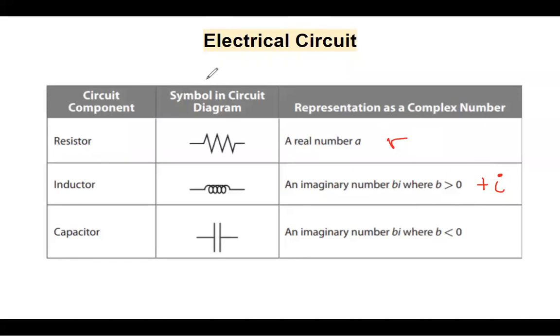However, this time it's going to be represented by a coefficient that is less than 0, which is a negative number. So we have a negative i in this case. So we have our real number, positive imaginary number, and a negative imaginary number.